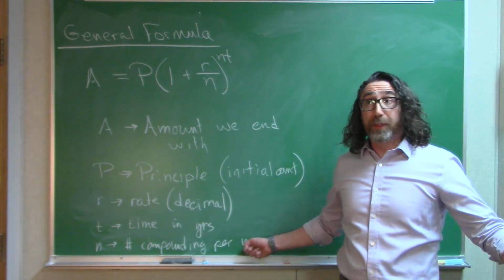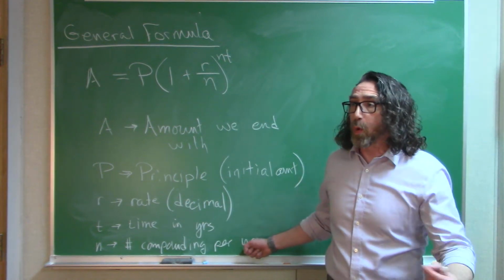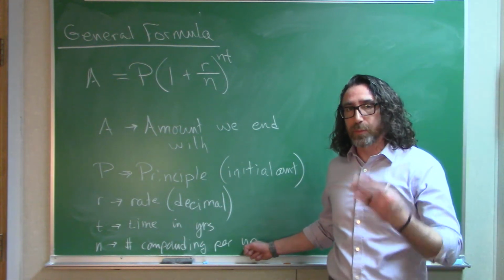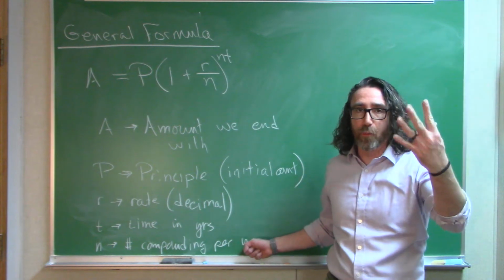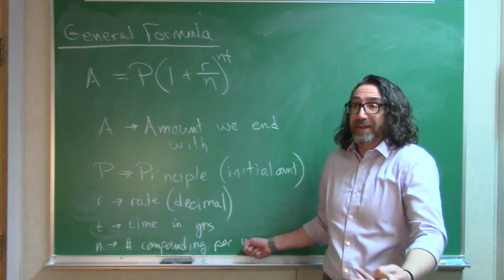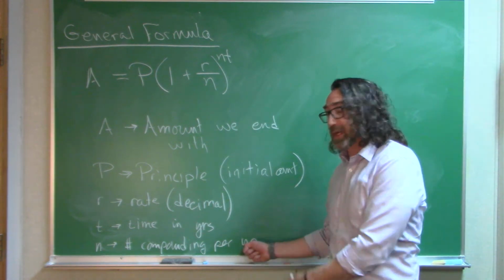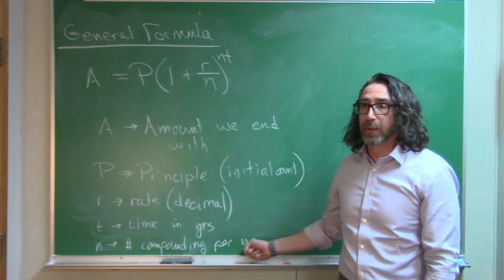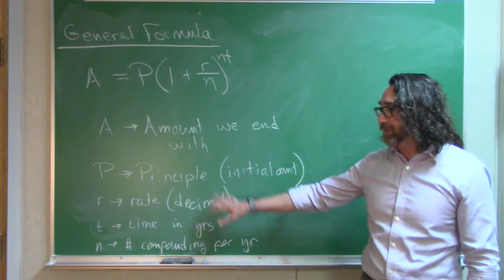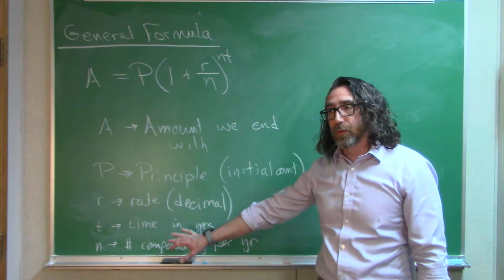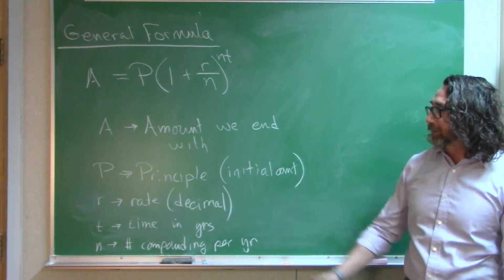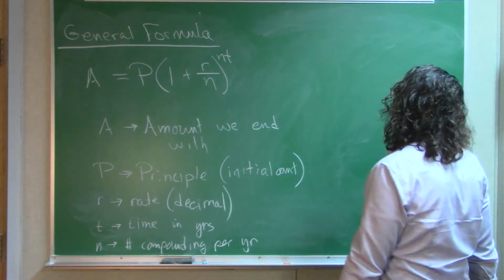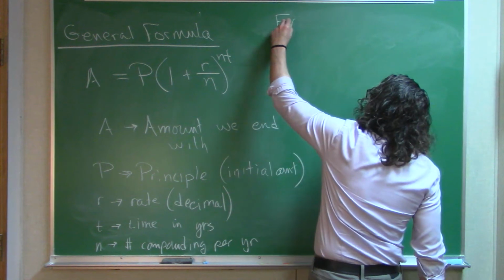But it could be different. It could be quarterly compounding, in which case N would be 4. Quarterly means it's compounded every quarter, and there are 4 quarters in a year. It could be daily compounding, in which case N would be 365. Okay? So based on the problem, you will have enough information to figure out these values, and then you can do your computation. Okay, let's do a quick example right here.